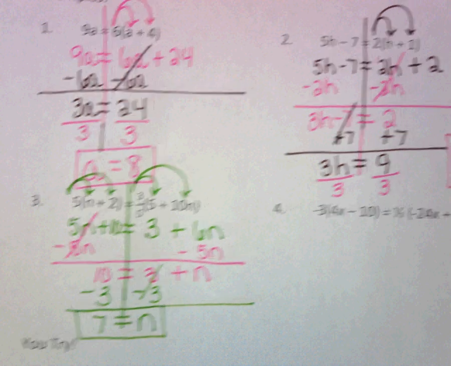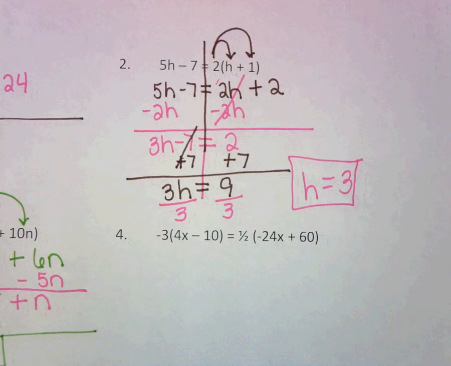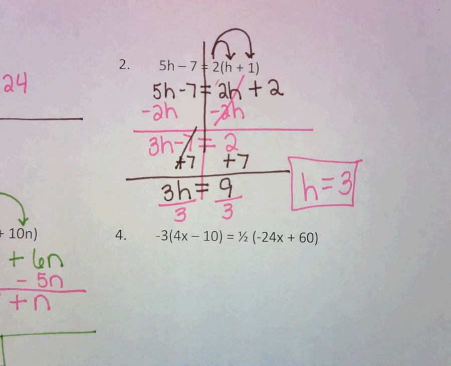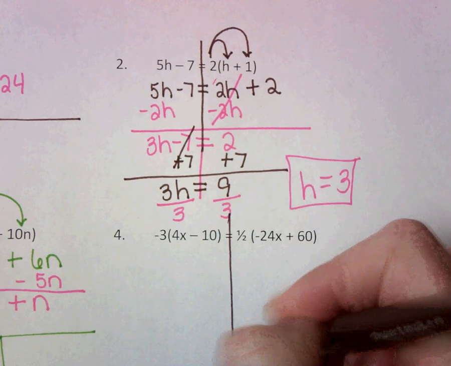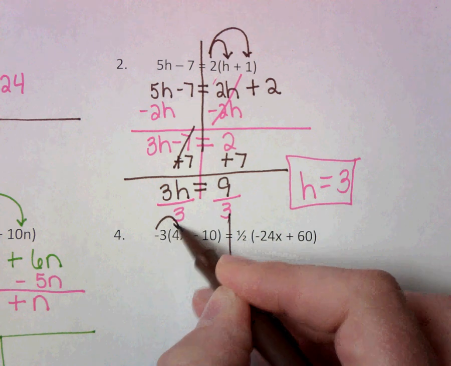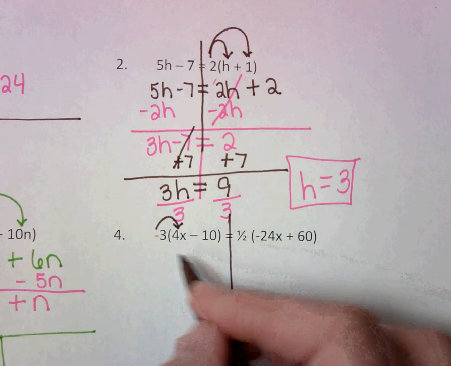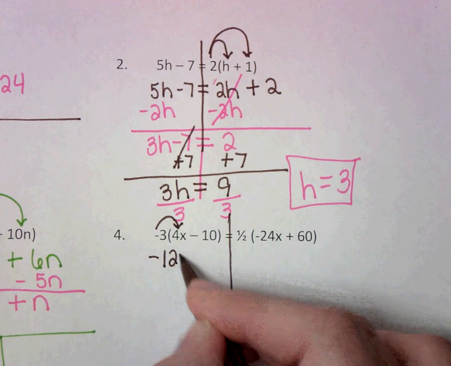Okay, let's look at one more together, and then I want you to try the last 2 on your own. Parentheses on both sides. Negative 3 times 4x is negative 12x.